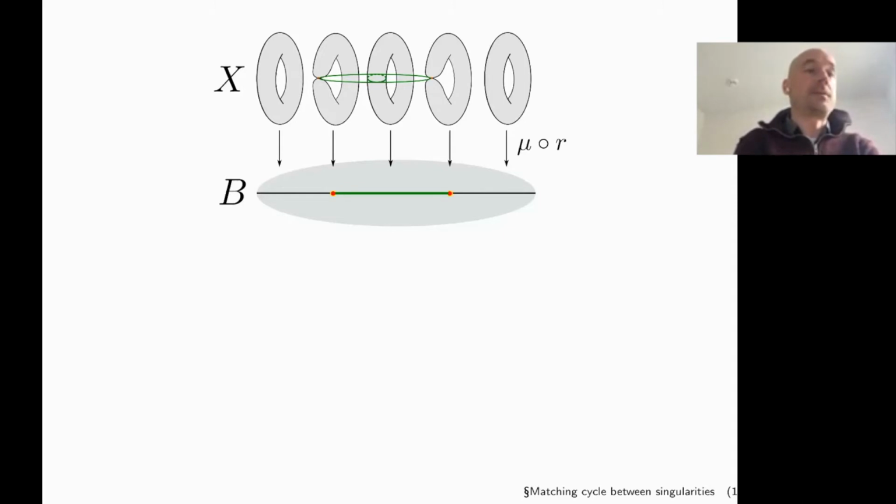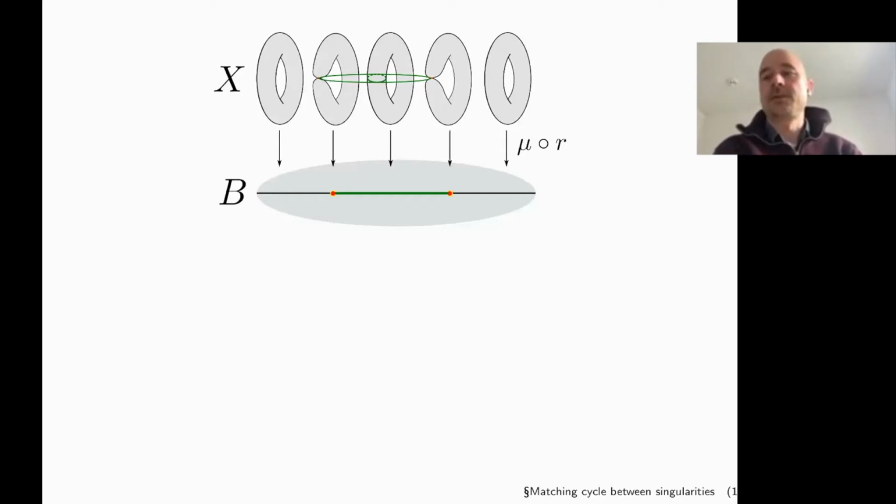And if I have 2 of them, I can make a matching cycle, as symplectic geometers call it, where in between those 2 singular fibers, they're actually smooth torus fibers in this fibration. And I can then produce a sphere. That's the green thing I sketched upstairs. That's supposed to be a 2-sphere. It lives inside X and fibers over the green edge downstairs.